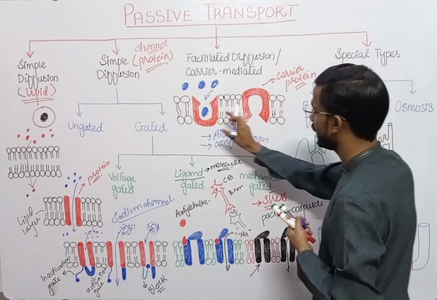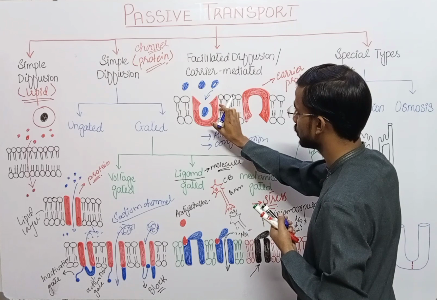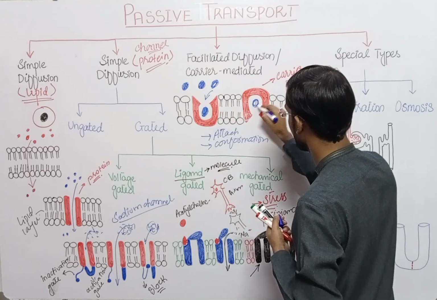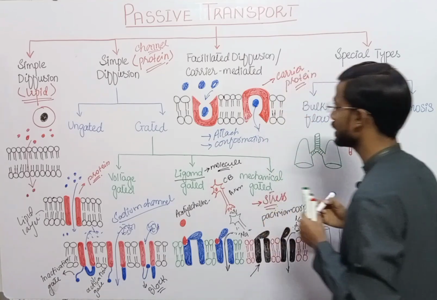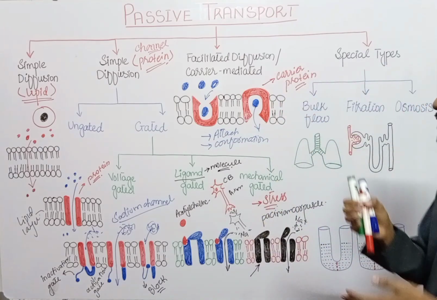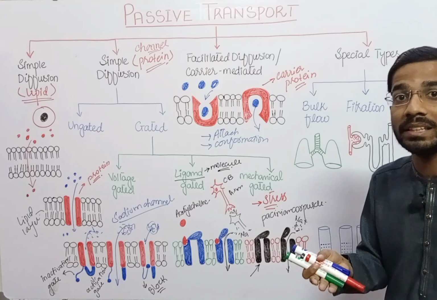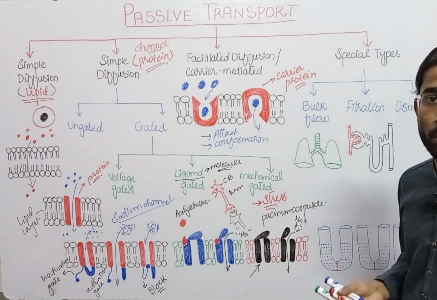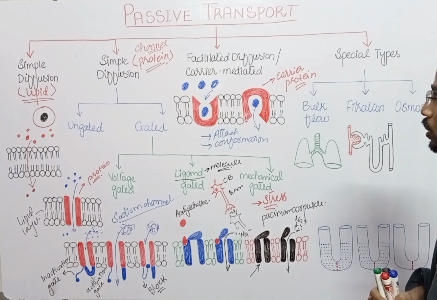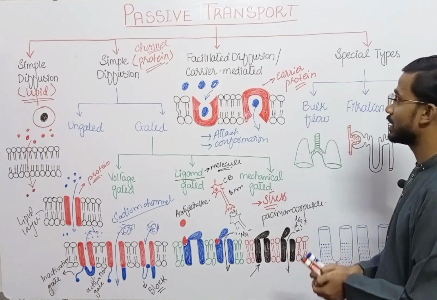So here it starts changing its shape, and after that the glucose molecules will move inside the cell. So this is actually the facilitated diffusion which helps in the transport of the molecule, but again there is no use of energy.